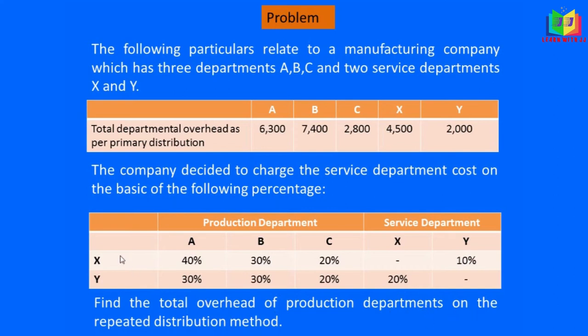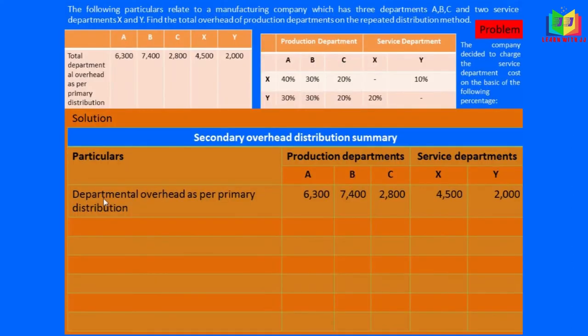Here the primary distribution overhead costs of service departments X and Y are distributed in these ratios. Let's start doing the problem now. First I have written the departmental overheads as per the primary distribution. For A it is 6,300, for B 7,400, for C 2,800, for X 4,500 and for Y 2,000.